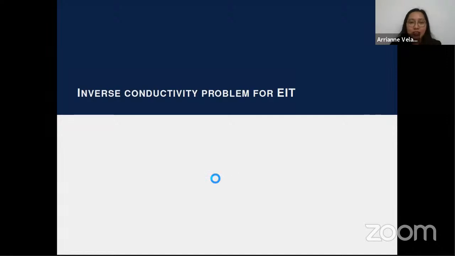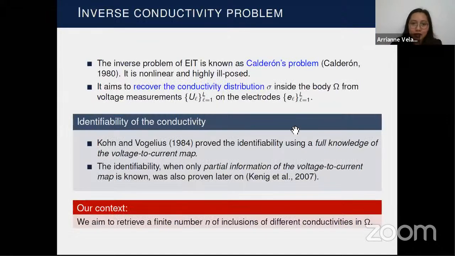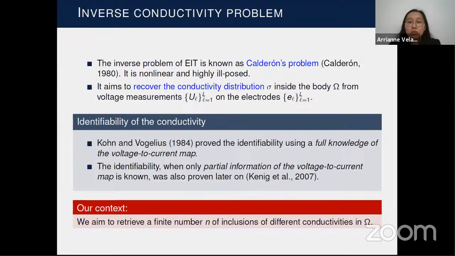Okay, so the inverse conductivity problem for EIT is also known as the Calderon's problem, and it is a nonlinear and highly ill-posed problem. Again, this is where we recover the conductivity distribution using voltage measurements on the electrodes. Kohn and Vogelius proved the identifiability of the conductivity using full knowledge of the voltage to current map in 1984.